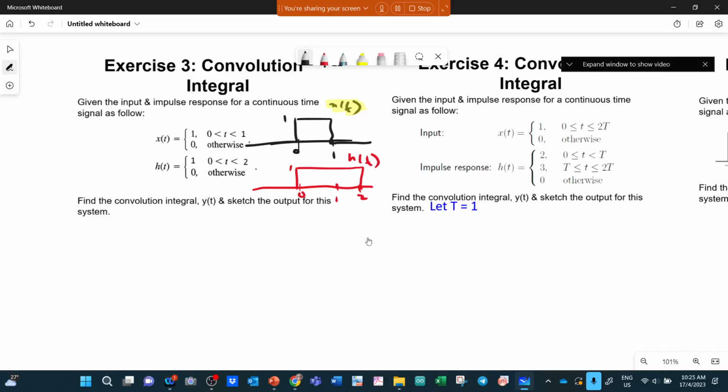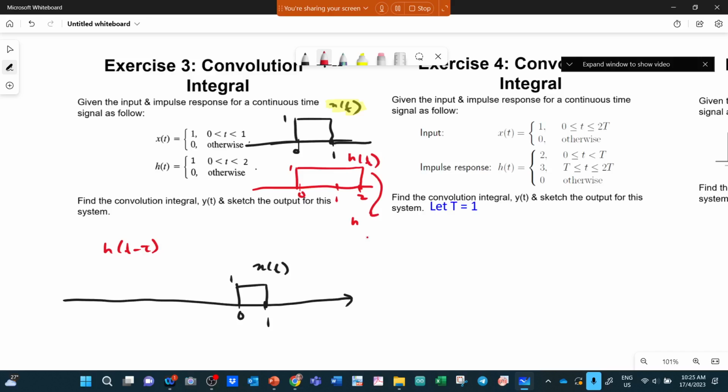Okay, from there we start to draw the graph. Fix first the one that you are not going to move. Fix dulu. So draw out 0, 1, amplitude 1. This one is x(t). Now we are going to draw h(t minus tau). So first step is to jadikan dia minus tau.